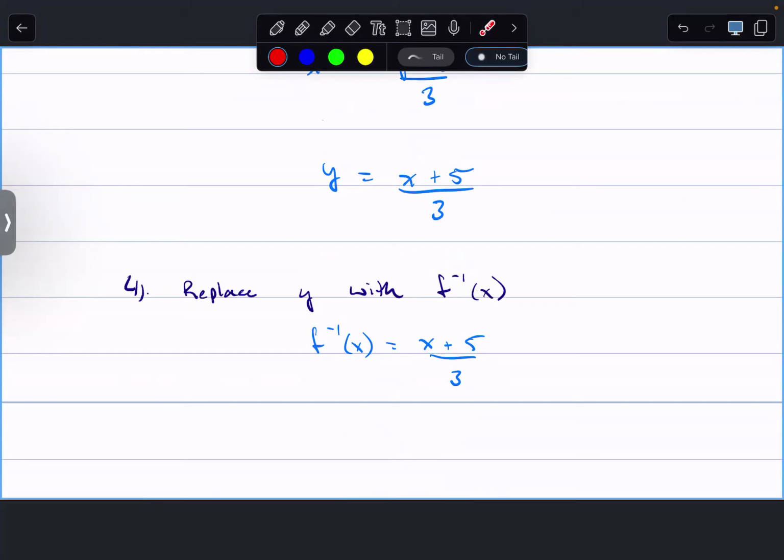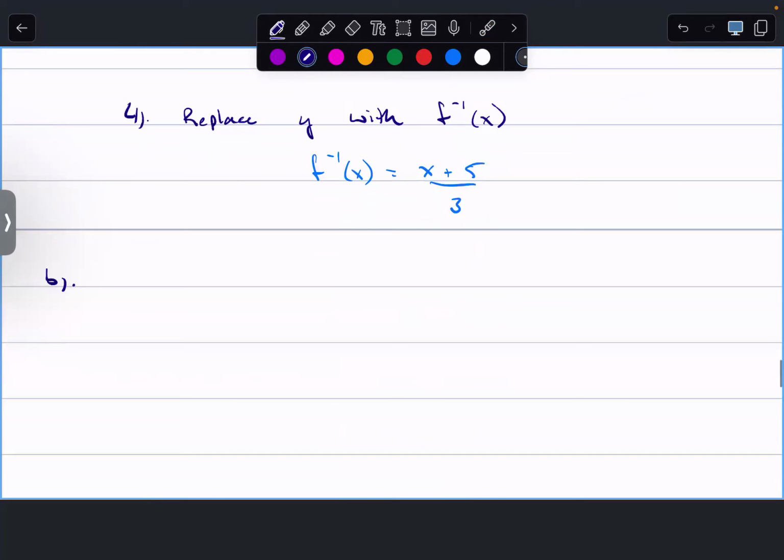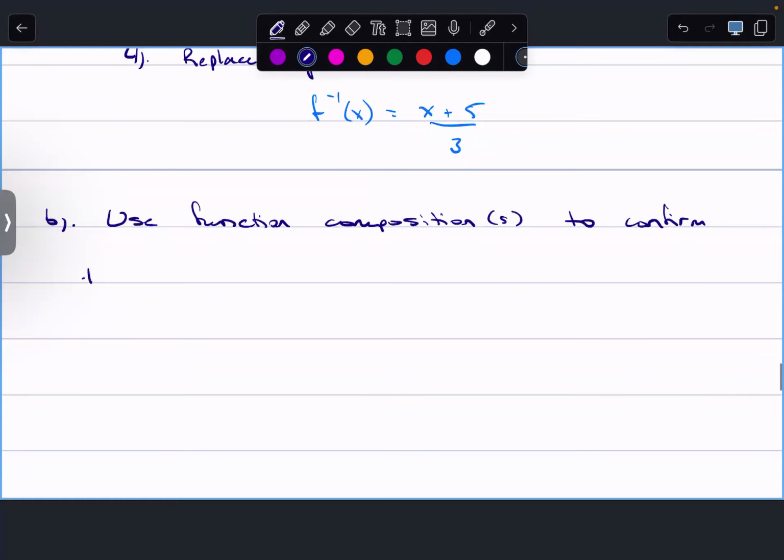But the benefit of doing that is for when you have to answer part B. Part B is going to be something like: use function composition to confirm the inverse you found is in fact the inverse.